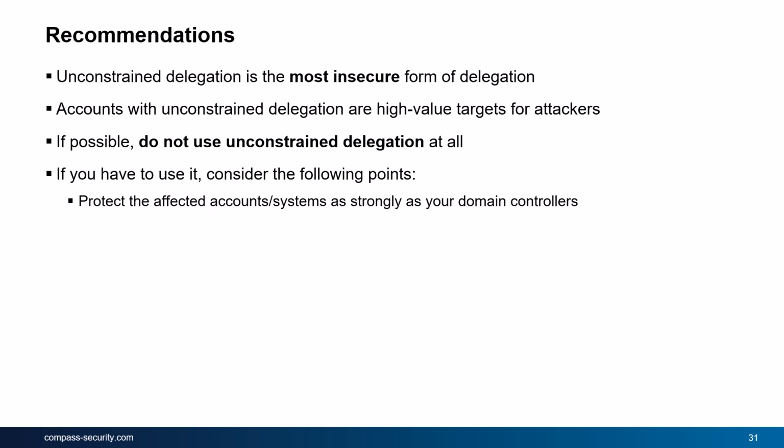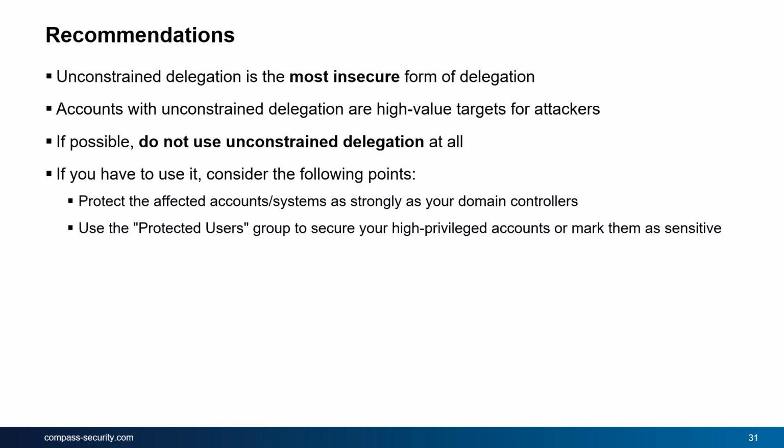First, and this is basically directly taken from the Microsoft documentation, you should protect the affected accounts or systems as strongly as possible, as strongly as you will protect your domain controllers. That could mean hardening applied to it, network separations, and so on and so forth. So the chances or the risk of an attacker compromising this system is as small as possible.